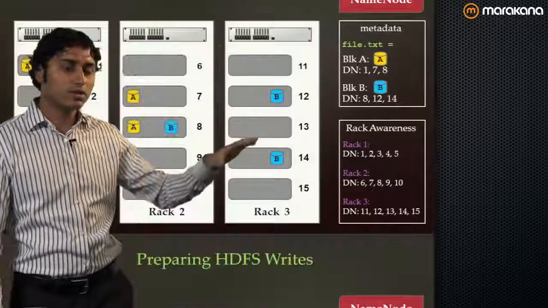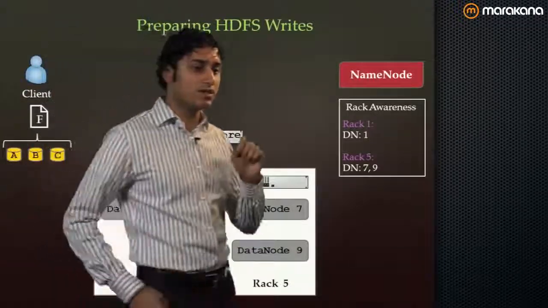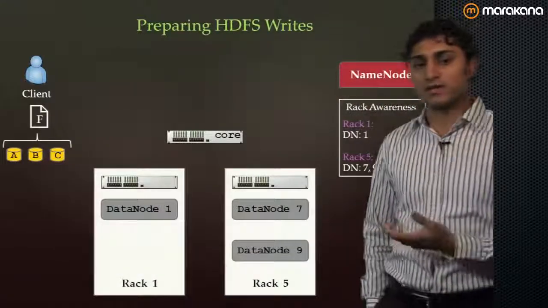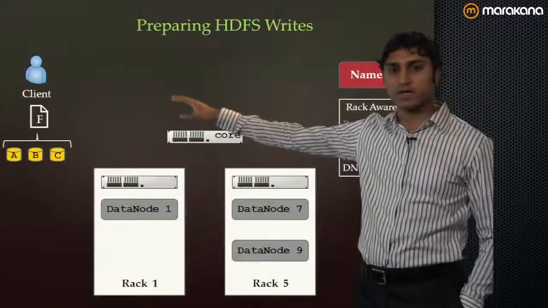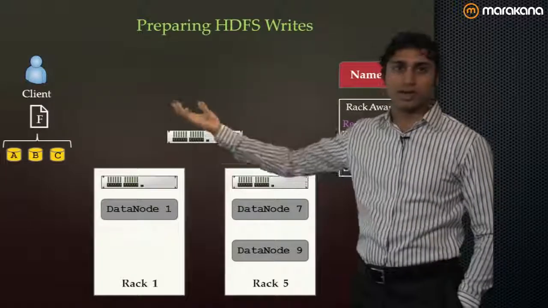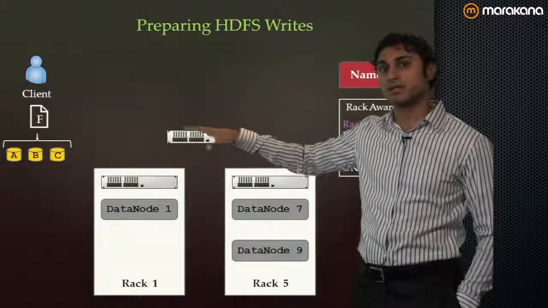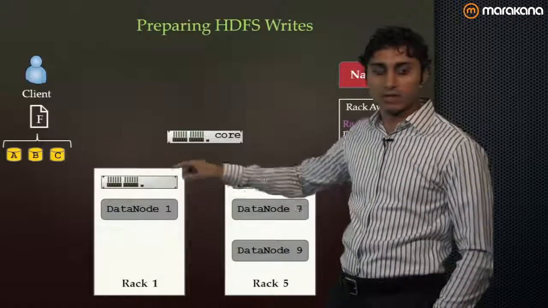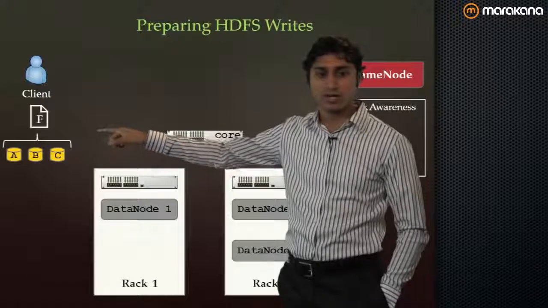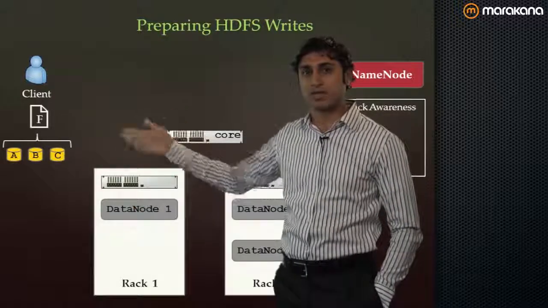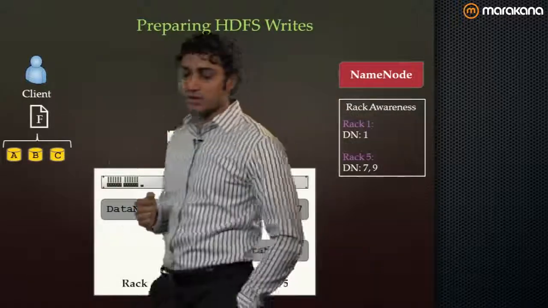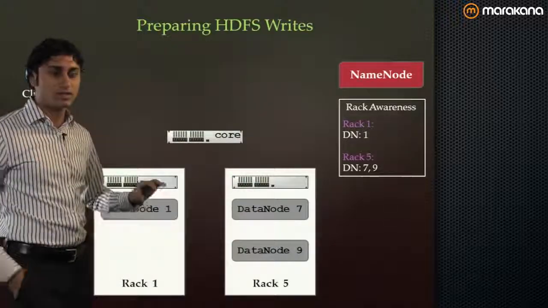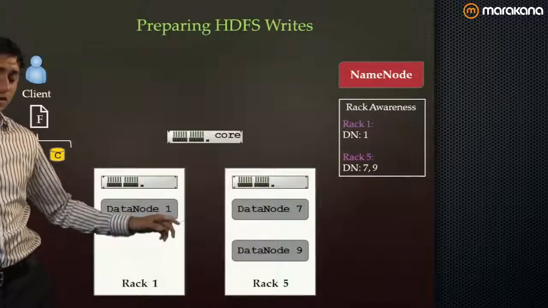So with that introduction to HDFS, let's take a deeper dive on how HDFS actually does the writes. On the left here, you have a client, like your laptop outside of the cluster, that has a file you want to load into your Hadoop cluster. The file breaks up into 3 different blocks, block A, B, and C. In the cluster, I've removed some of the complexity from the previous slides, so we're only seeing 3 data nodes and 2 racks.